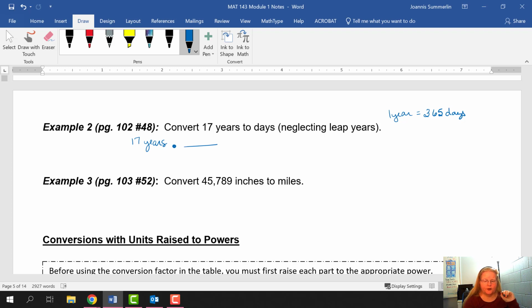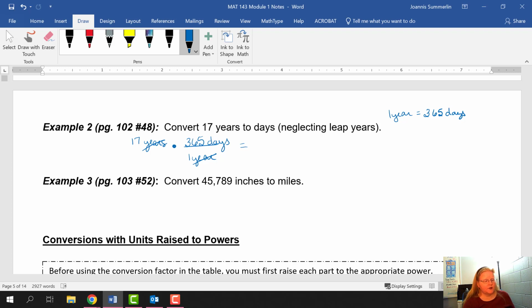So I want to put my 365 days on top. Put my 1 year on the bottom. So my years get to cancel out. That's good. That's what we wanted because one's on top, one's on bottom. They get to cancel out, which means we're left with days. Multiply across the top and divide by the bottom.